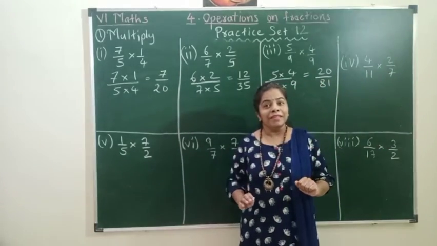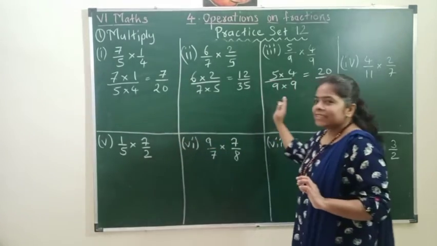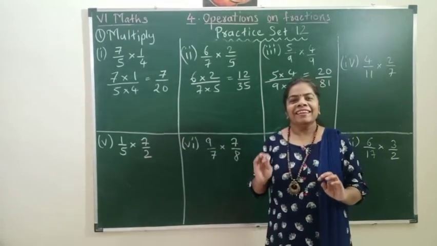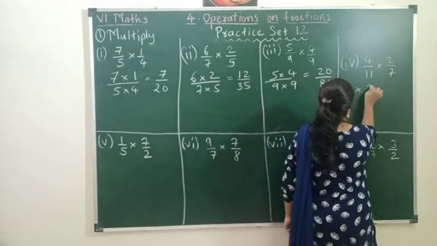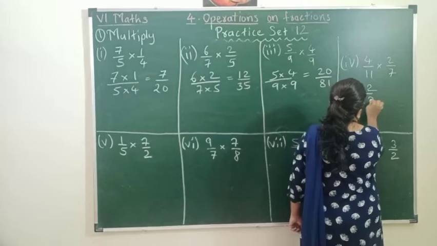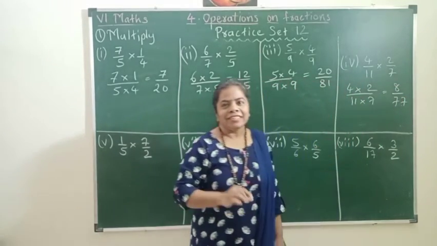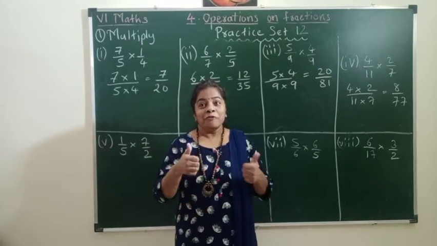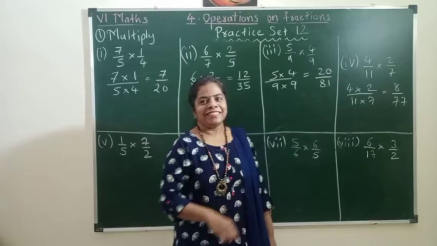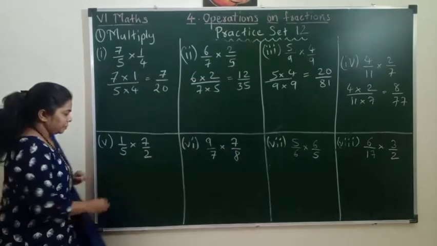So we are going to directly multiply them in the same way and get our answer. 4 2s are 8, 11 7s are 77. Over. Very easy.